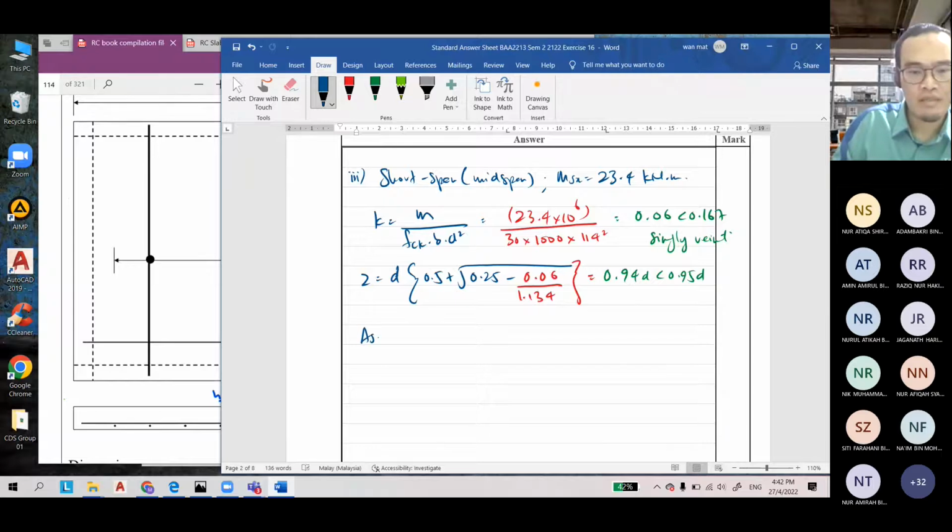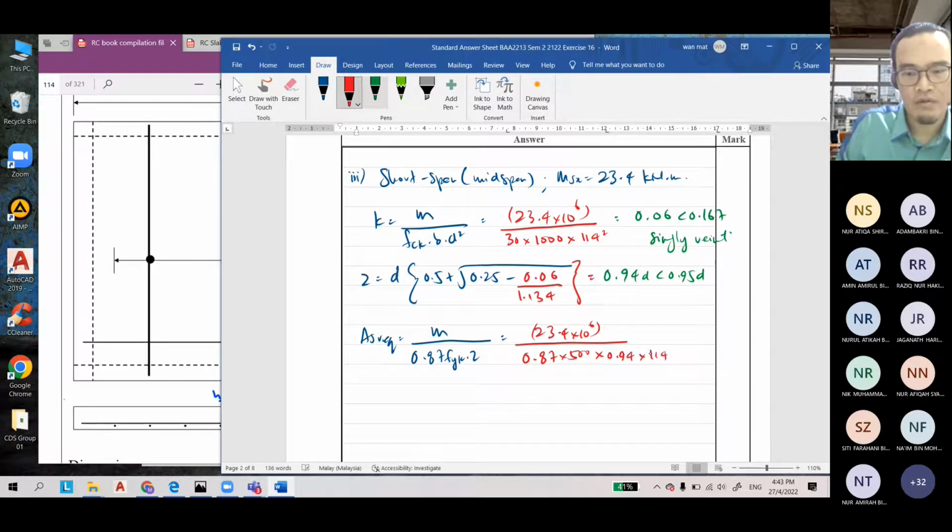So AS required is equal to M over 0.87 FYK Z, equal to 23.4 times 10 to the power of 6 divided by 0.87 times 500 times 0.894 times 114. Be careful because you are doing the short span, so this is a dx actually.